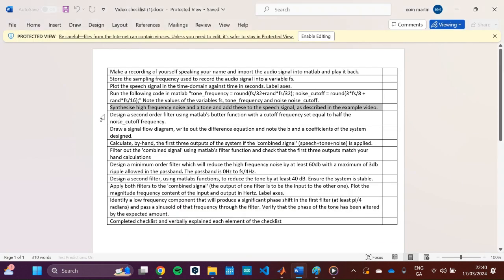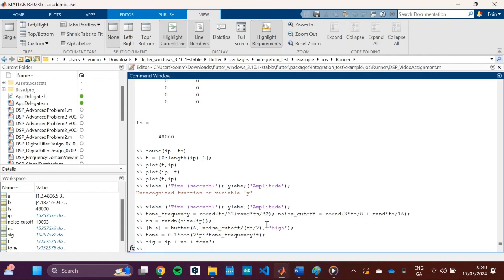Okay, next part: design a second order filter using MATLAB's butter function with a cutoff frequency set equal to half the noise cutoff frequency.